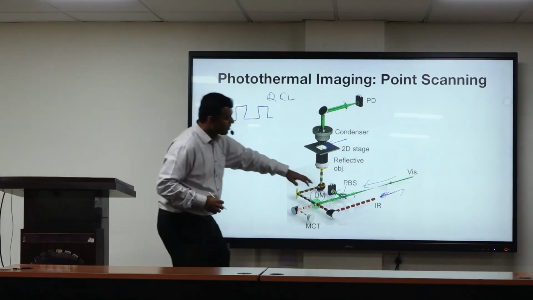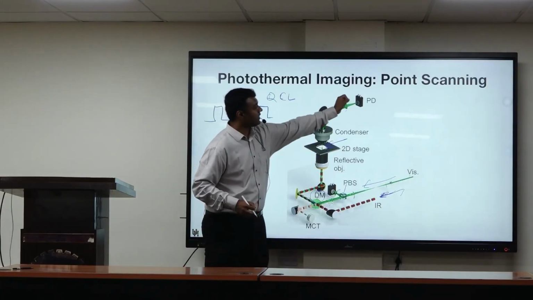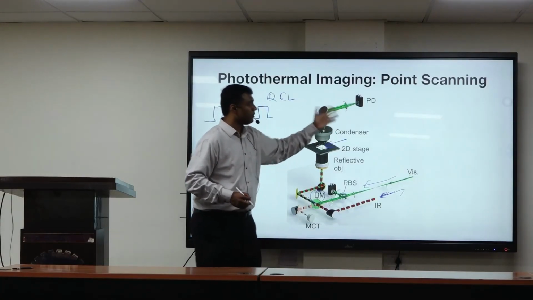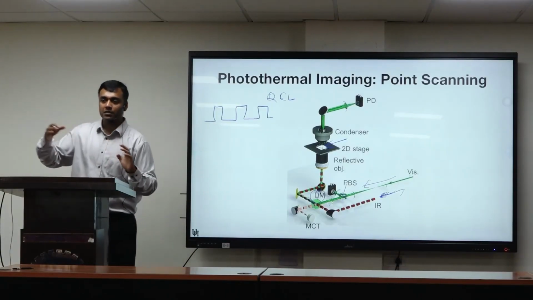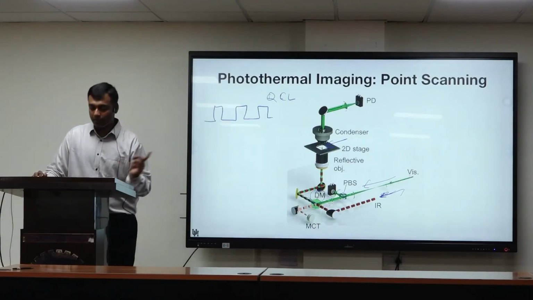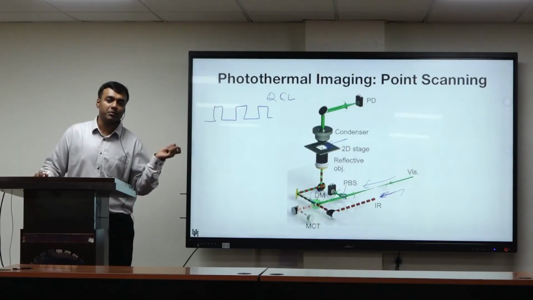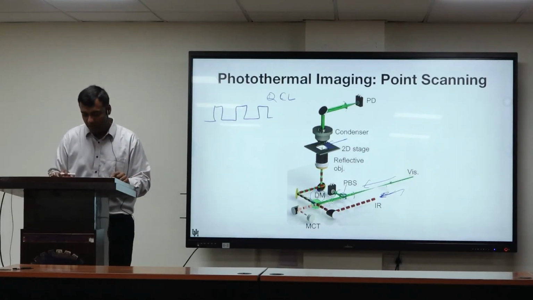Whenever this is on, you get some signal here. Whenever this is off, you see a change in the signal, and therefore by looking at on and off and on and off, you make this measurement at that frequency of on and off repetition of the QCL, and the measurement you see is related to the photothermal signal. So this is the idea.